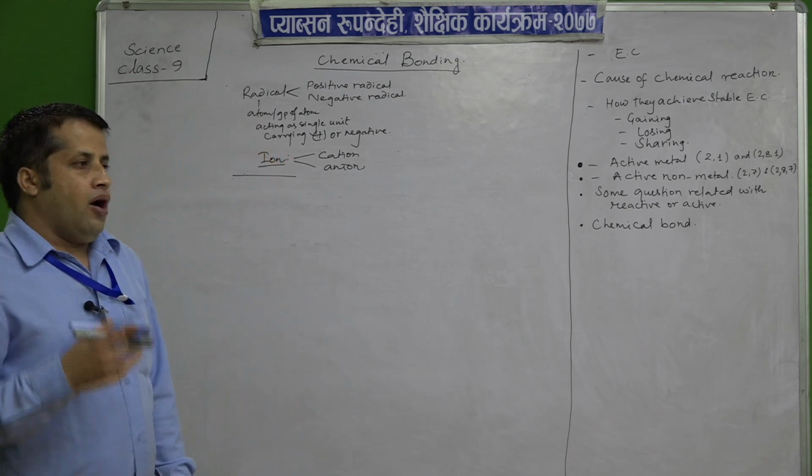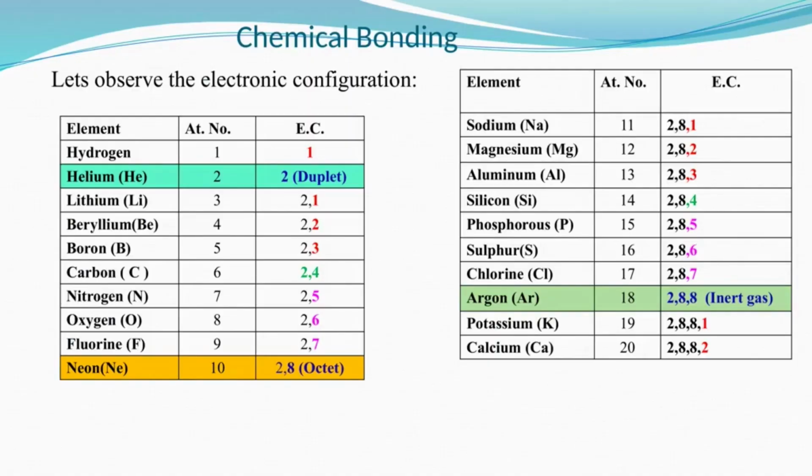So, if you see the electronic configuration of various elements up to element 20, we have seen here hydrogen's electronic configuration is 1 in the K shell, like that we have already discussed all the things there. Okay.